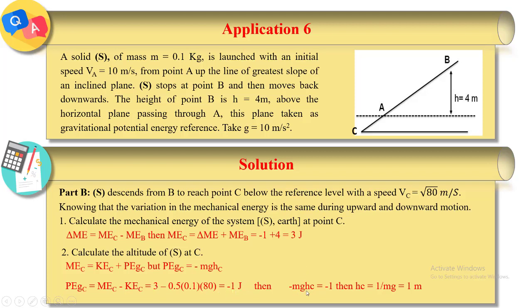Then minus mgh_C is equal to minus 1. Then we perform a simple calculation and we get h_C equal to 1 meter.